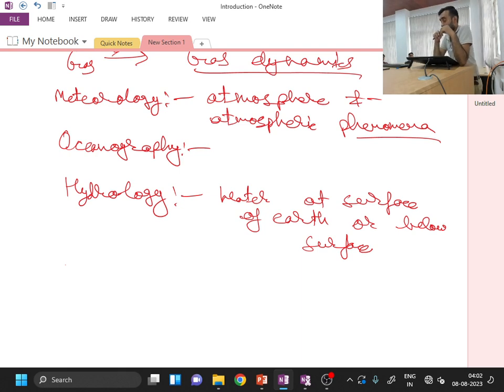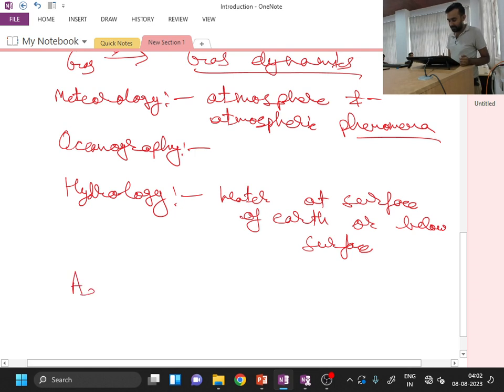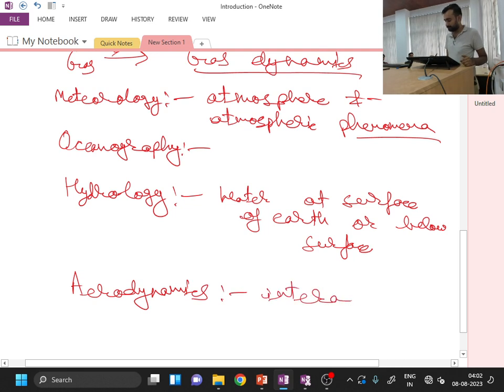Okay, so when air is interacting with high speed objects, so typically when we study the external flow of high speed objects with the atmospheric air, then whatever branch of fluid mechanics we have, that we call aerodynamics. Okay, so this is the interaction of air with high speed objects.